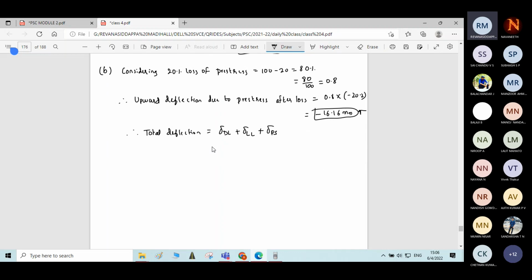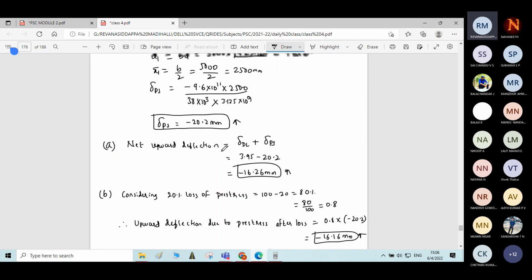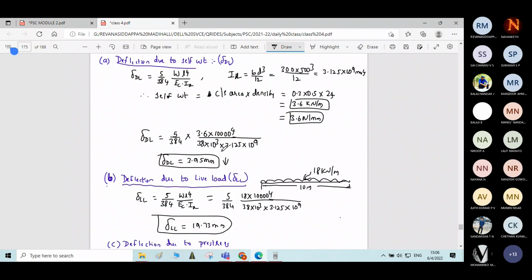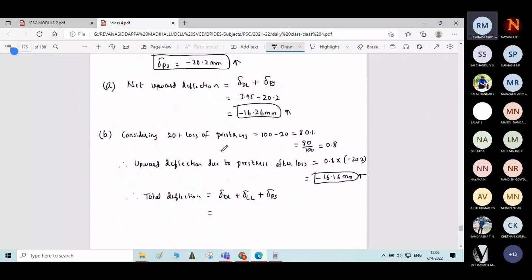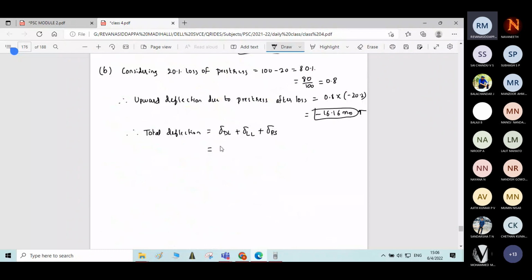Deflection due to dead load, how much did you get? It is plus 3.95, plus 19.73, minus 16.16.